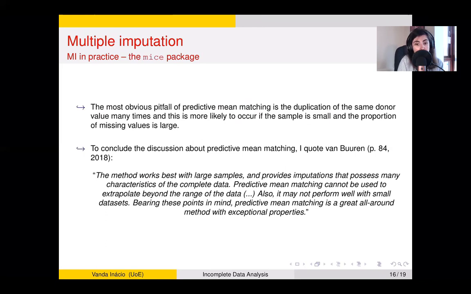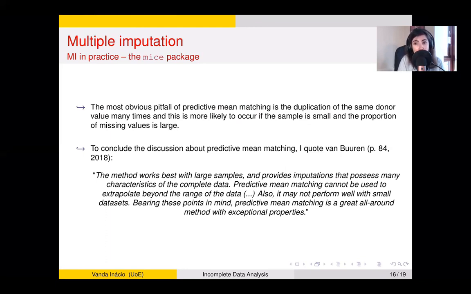Predictive mean matching cannot be used to extrapolate beyond the range of the data, obviously, right? Because we are using the value of the donor, so we are limited to the values that are observed in our sample. There is no way that we can come up with a value that was not observed.